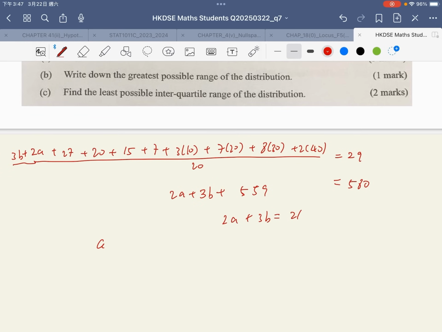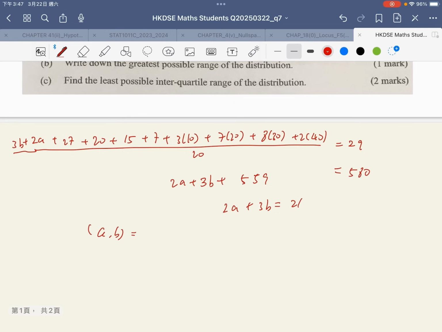Here I try to obtain the combination of all possible values. If a is 0, it can be 0, then b is equal to 7.